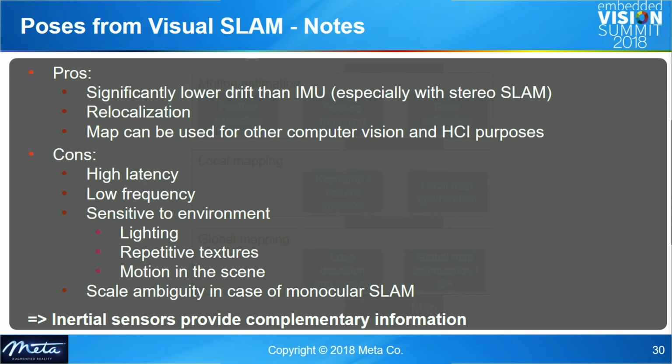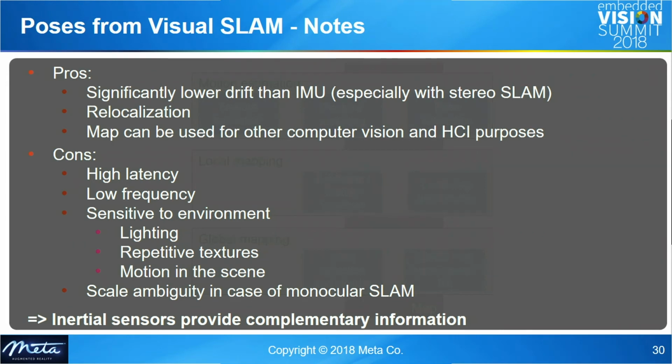And then that combined with the processing time results in latencies that might be fine for some robotic use cases, for instance, but are definitely not small enough for augmented reality. Also, the update frequency, 60 updates per second, tends to be a little too low for AR applications. Just like any computer vision algorithm, we have issues with sensitivity to environment, and I already talked about the scale ambiguity in case of monocular SLAM tracking.